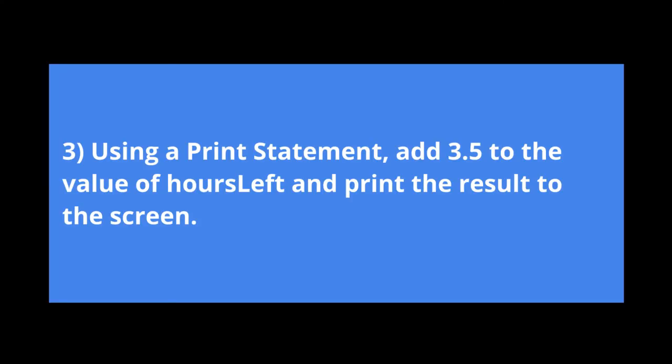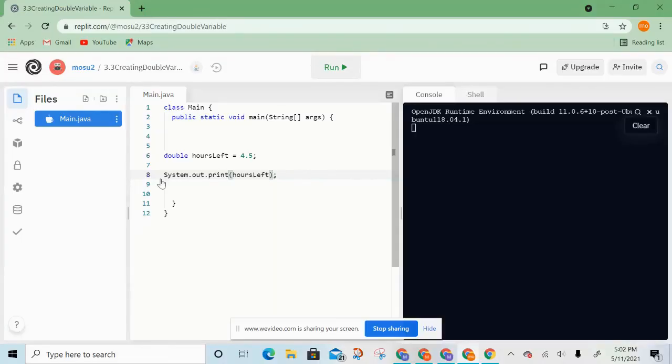All right, last question. Using a print statement, add 3.5 to the value of hours left and print the result to the screen. So we're adding the 3.5 inside of the print statement parentheses. Pause the video and do this in REPL. Okay, guys, so this is the code from the last question. Now, all it said is that we have to add 3.5 to the variable of hours left within our print statement. So here, we're already halfway done. We have hours left inside of our print statement.